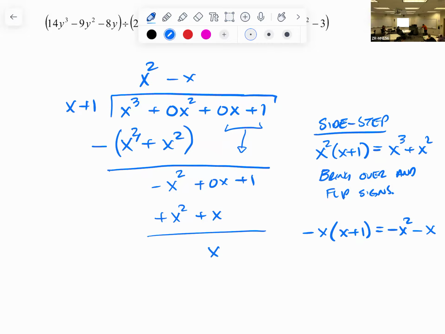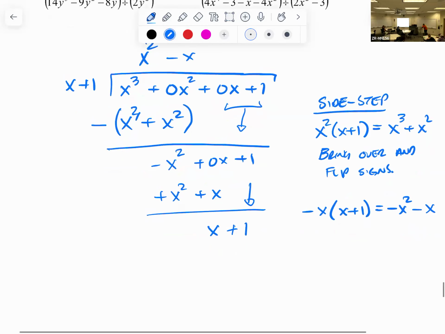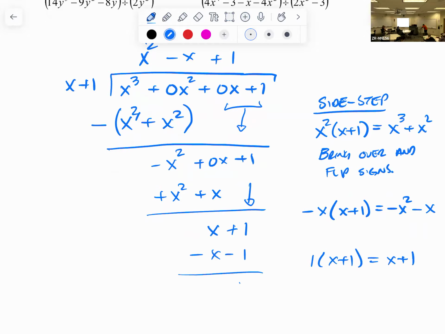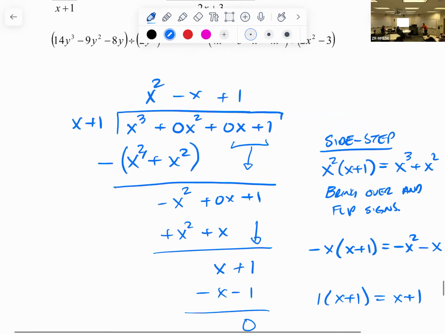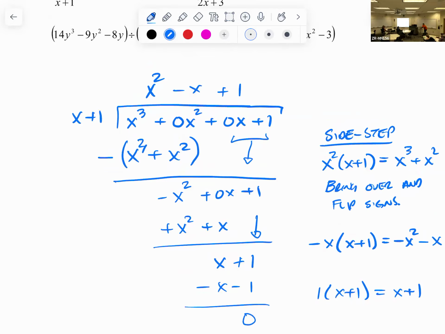That becomes x, then it drops down again. And then x times what makes x? You flip both sides. So if the remaining value is 0, then there is no remainder, which means it divided exactly.